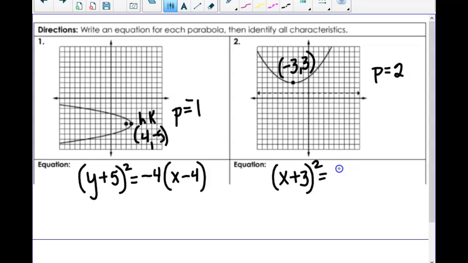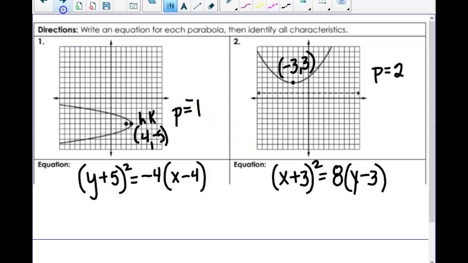Who's got the rest? Anybody have X plus 3 squared so far? How many of you had that one right? Yes? Yay. Just following a recipe, right? As long as I don't take that sheet out of your hand.